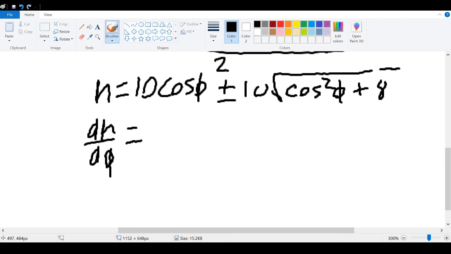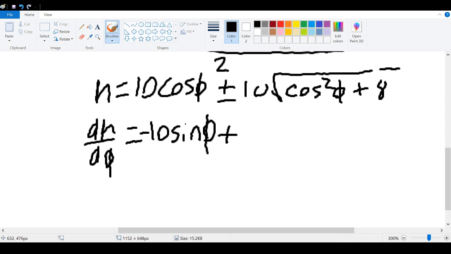We know the derivative of cosine phi with respect to phi is negative sine phi, and the 10 stays where it is because it's a constant. And I'm just going to choose the plus side. It doesn't matter which one we do, they'll both give you the correct answer.